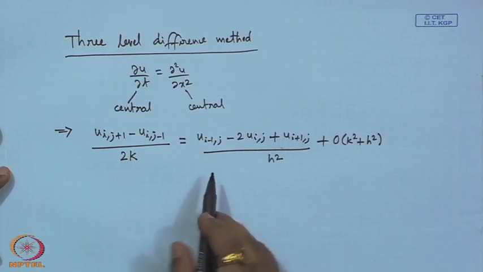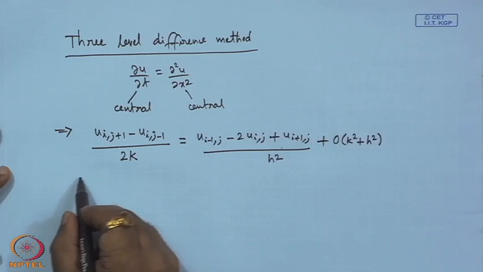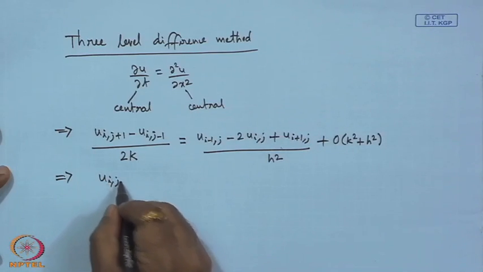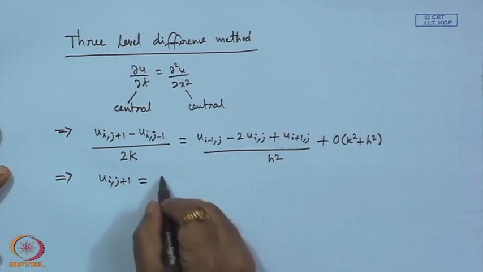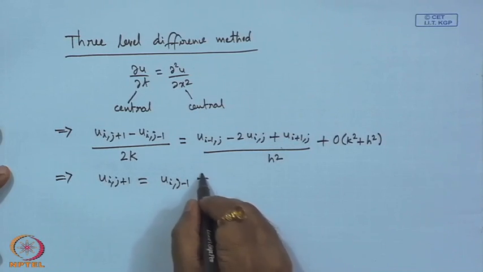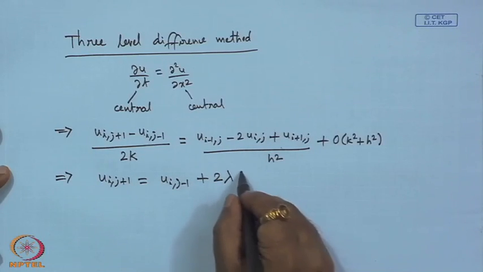We are going to simplify this, which is equal to u i j minus 1 plus, k by h square is lambda, hence 2 lambda.